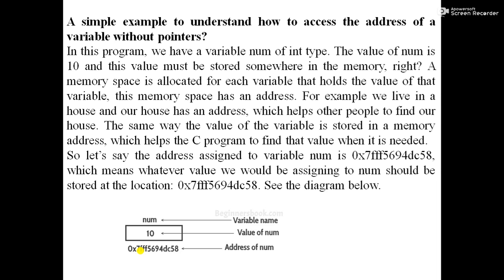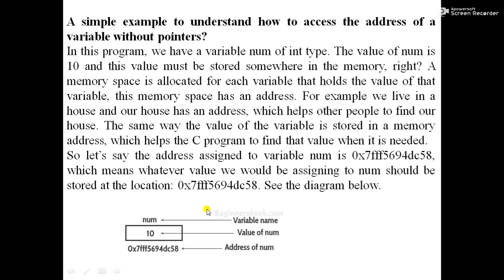So here, for example, num is a variable name, 10 is the value of that variable, and the address, suppose for example, is 0x7ffe5694dc58. This is the address of that particular variable. I have indicated in this diagram that num is the name of the variable.